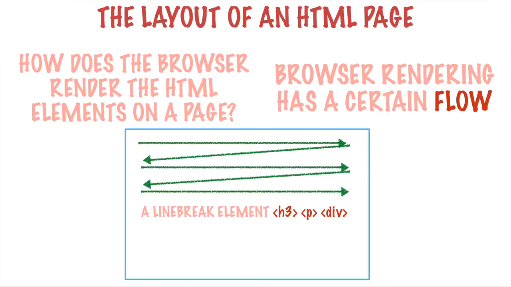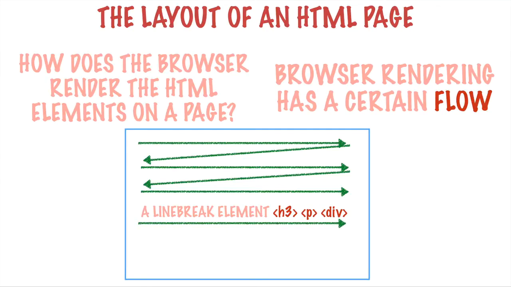Whenever the browser sees an element such as an H3, any header, a paragraph, or a div, these are elements which introduce line breaks. So what the browser does is introduce a line break at the start of the element and at the end of the element when the tag of that element is closed.